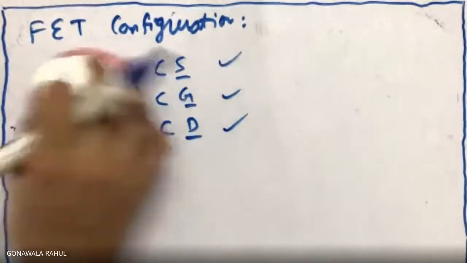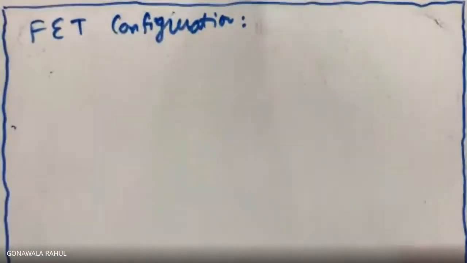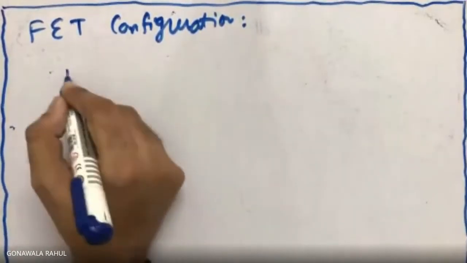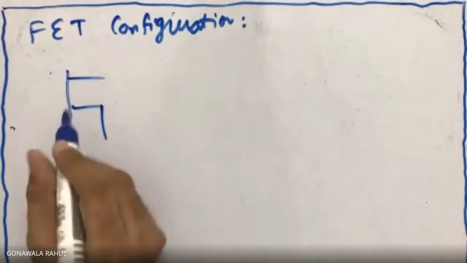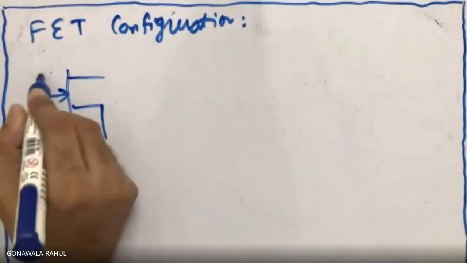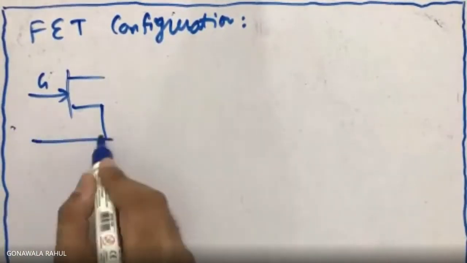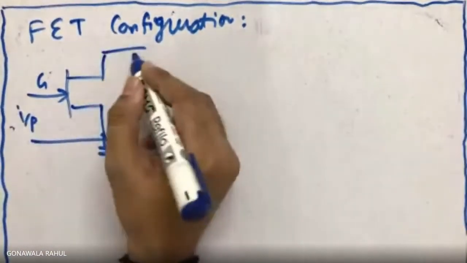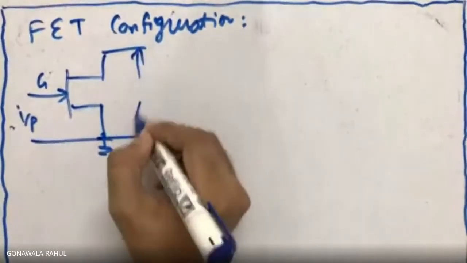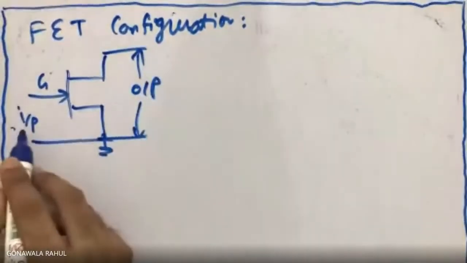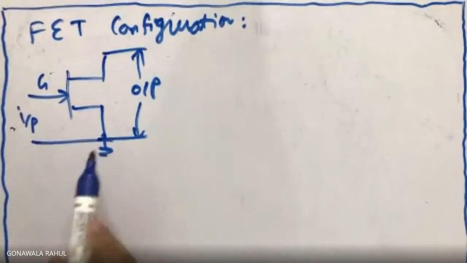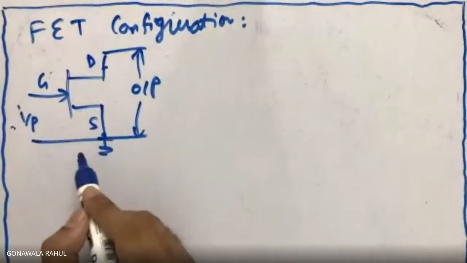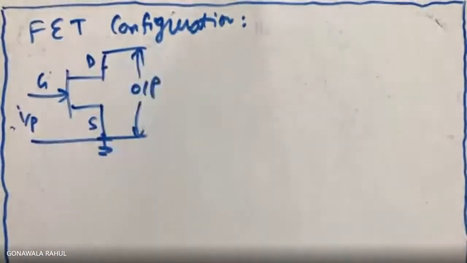Okay, so common source. First of all, I will show how you can draw the common source. So this is common source, for example. Here, this is the gate terminal, and this is grounded. Let's say this is input, and let's say this is output. So input is given between gate and source, and output is at drain.